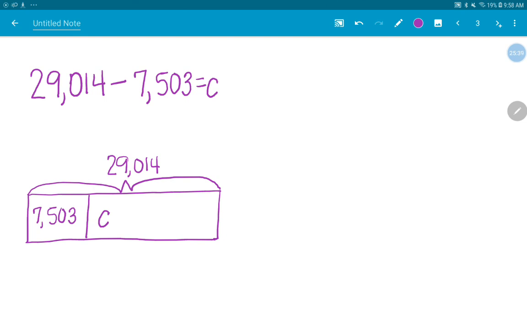It's okay if you don't, but that is something you can think about using some number sense. I know my missing part is going to be a lot bigger than the part that I already have. All right, so now I want you to write this problem vertically on your work map.